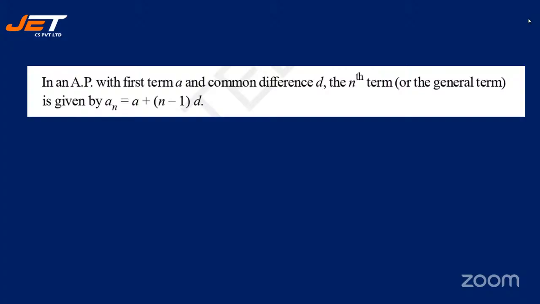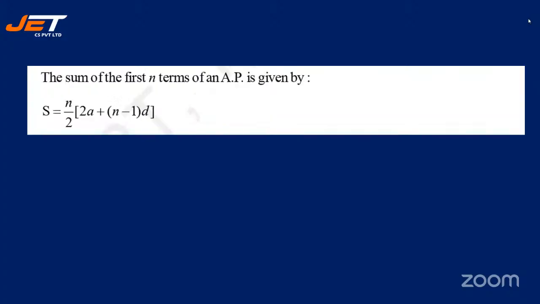Now the sum of the first n terms of an arithmetic progression is given by S is equal to n by 2 into (2a plus (n minus 1) d). These are just a recapitulation of the formulas you already did, so that we can do sums based on this.